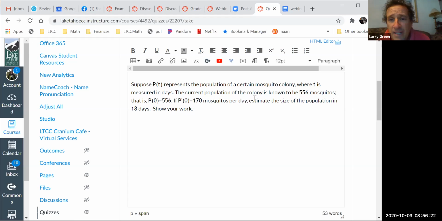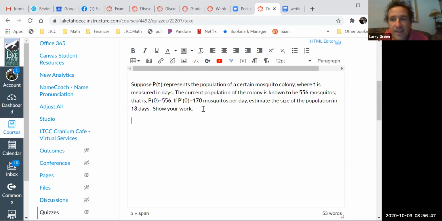The current population of the colony is known to be 556 mosquitoes. That is P of 0 equals 556. If P prime of 0 equals 170 mosquitoes per day, estimate the size of the population in 18 days. Show your work.